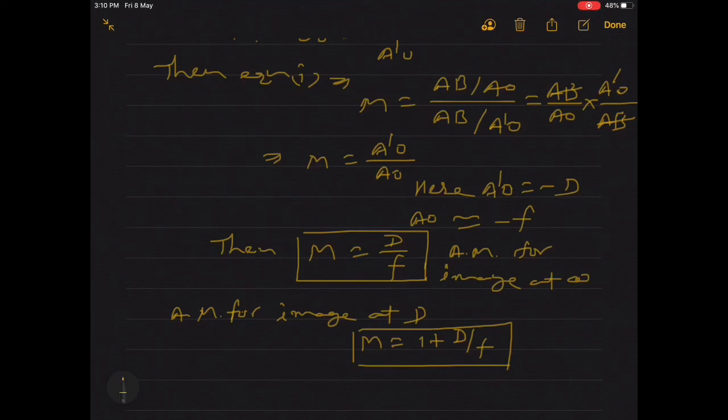So I hope you understood the concept of the simple microscope, and it is used to see the magnified image of small size objects, but it has a limitation. It cannot magnify up to all extent. So for getting higher angular magnification, we use the compound microscope.